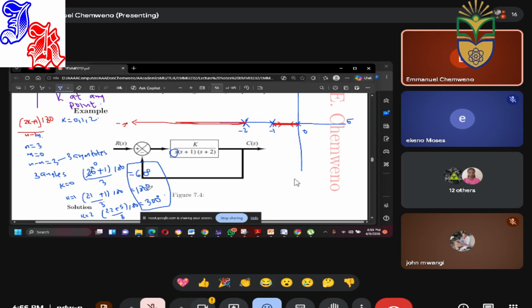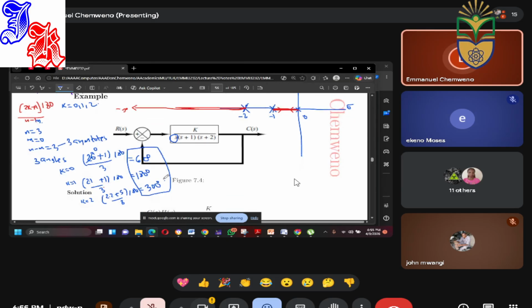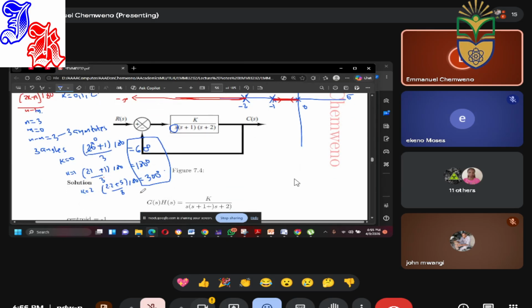Now, these are asymptotes. Asymptotes must originate from the centroid.